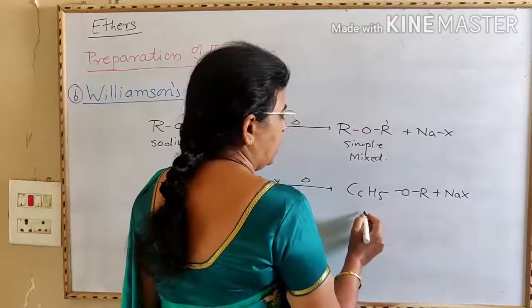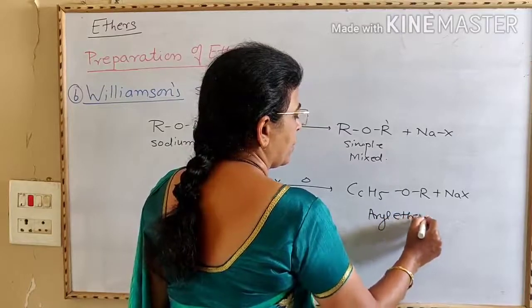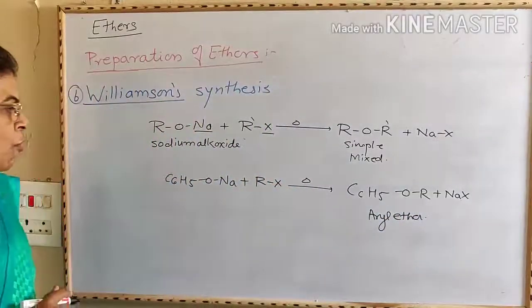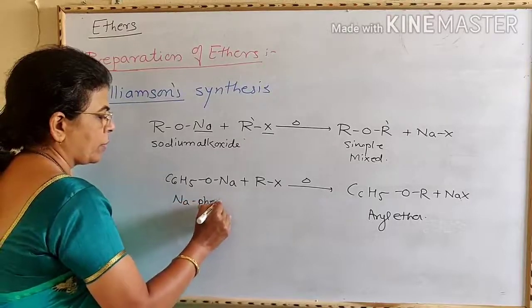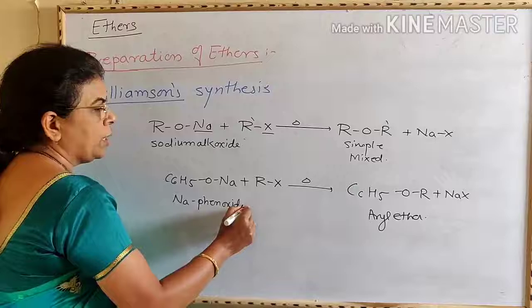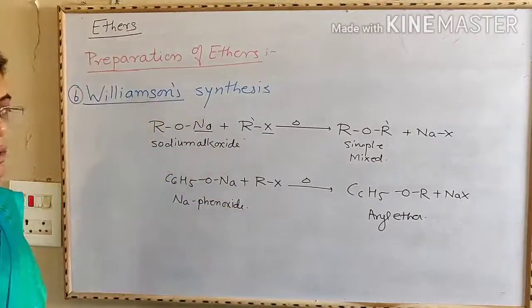This is aryl ether. Aryl ether is formed. This is sodium phenoxide. Sodium phenoxide is converted into aryl ether by this Williamson synthesis.